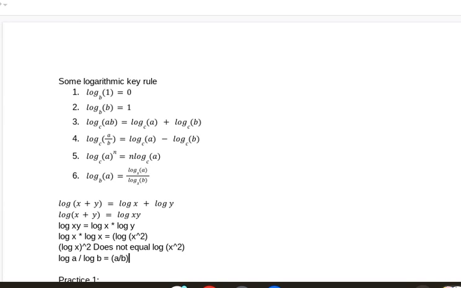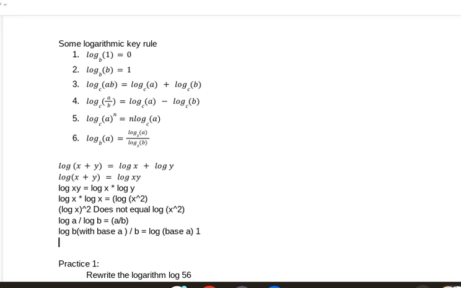Next, log_a b divided by b is equal to log_a 1. That's a similar mistake to the previous one, because we consider b as a constant, but the first one is in log and the second one is not in log, so you cannot divide them directly.